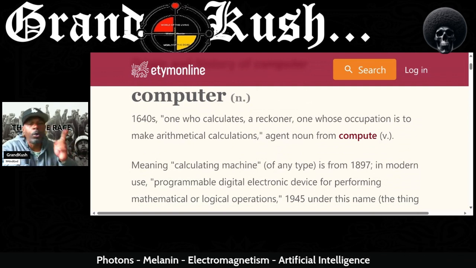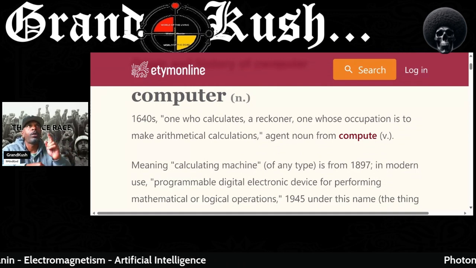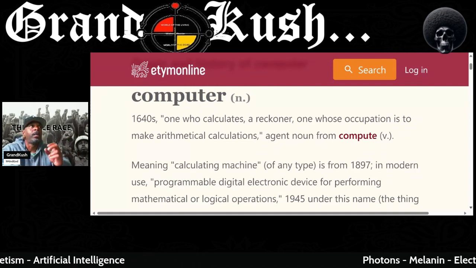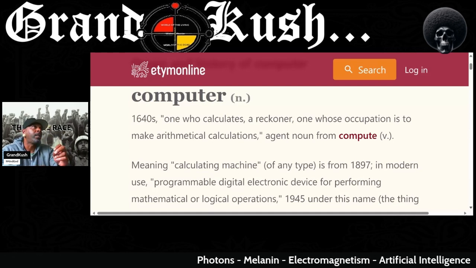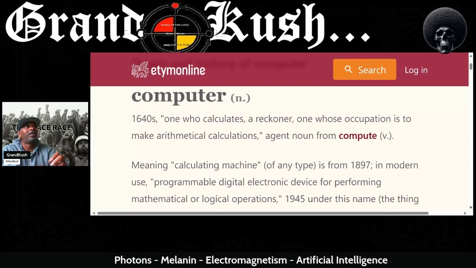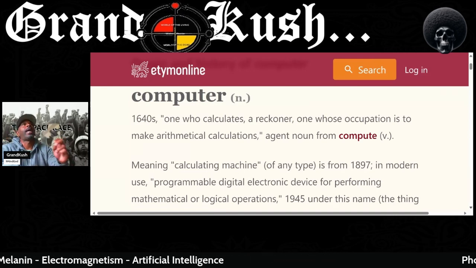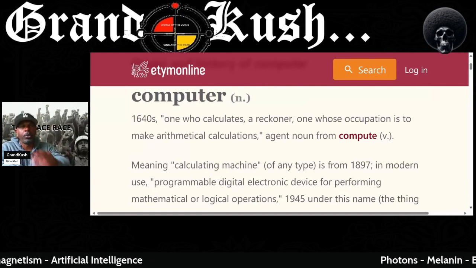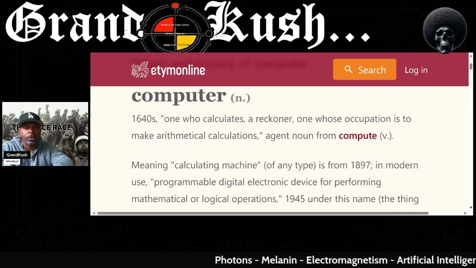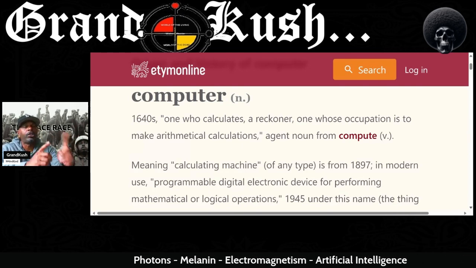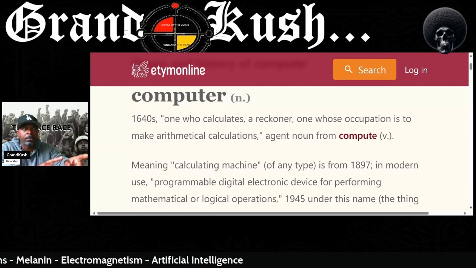1640s, one who calculates, a reckoner, one whose occupation is to make arithmetical calculations, agent noun from compute, right? 1640s, you have a breakdown, and this is describing a human, okay?